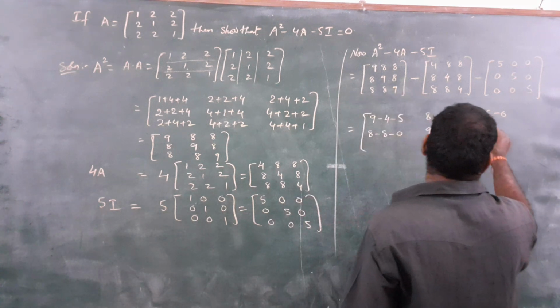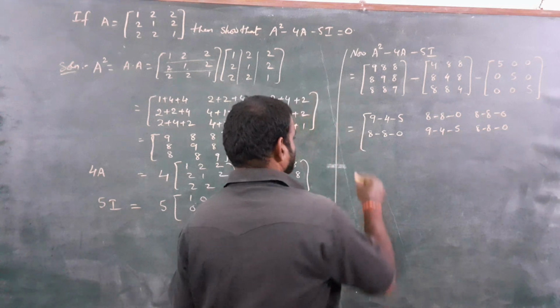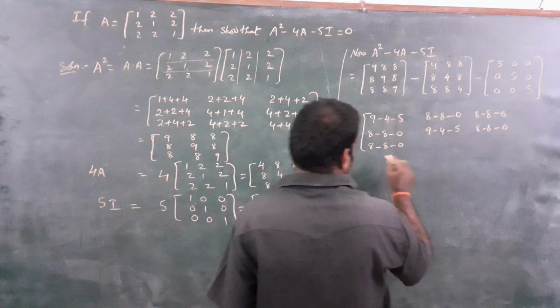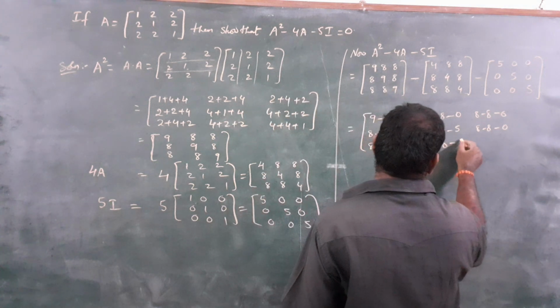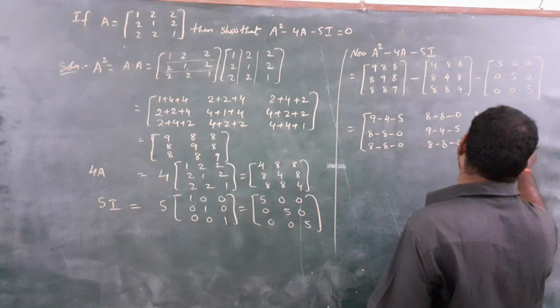Again 8 minus 8 minus 0. Again, the third term, 8 minus 8 minus 0. So for the first row we take 9 minus 4 minus 5, 8 minus 8 minus 0, 8 minus 8 minus 0. Similarly the next row: 8 minus 8 minus 0, 9 minus 4 minus 5, 8 minus 8 minus 0. Then 8 minus 8 minus 0, second term 8 minus 8 minus 0, third term 9 minus 4 minus 5.